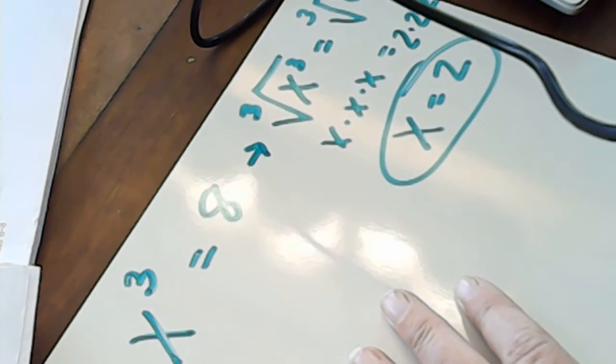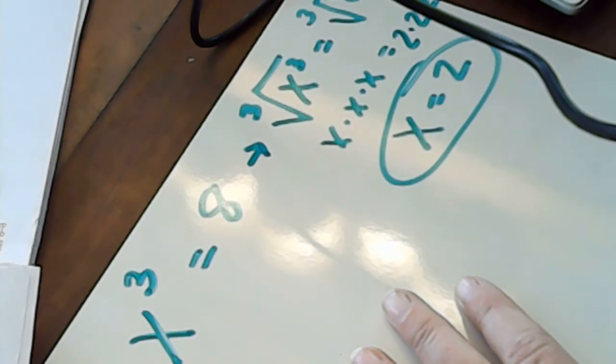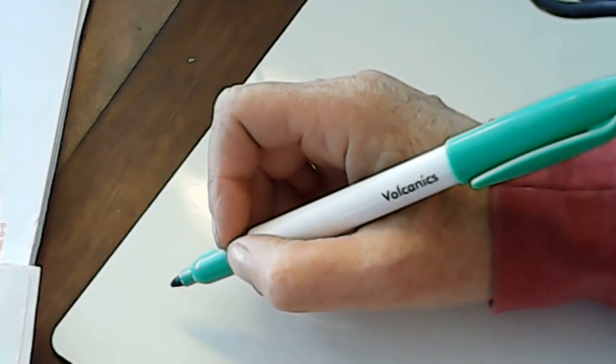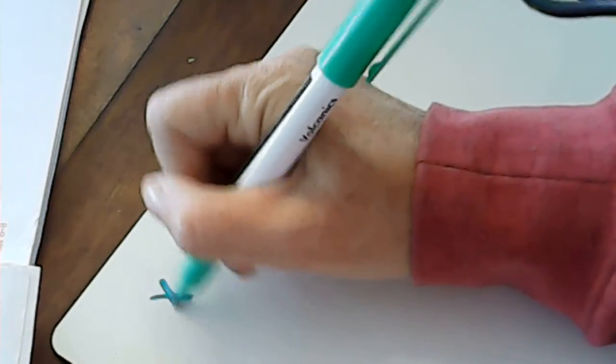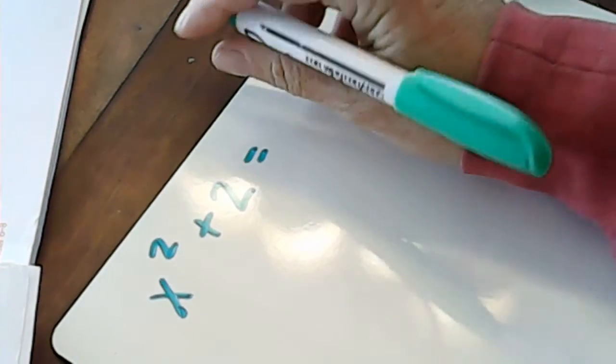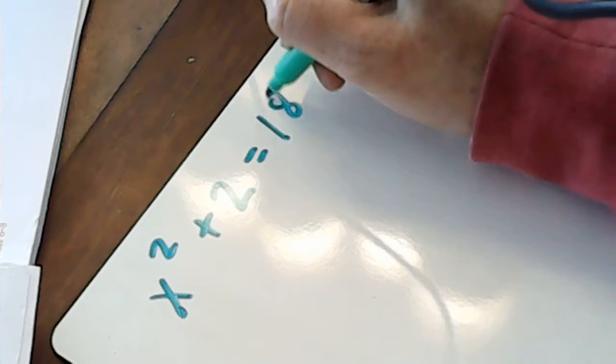Okay, so that's if you see one like that as an equation. Those seem pretty straightforward, but what if they get a little more complex? So now let's look at x squared plus 2 equals 18.